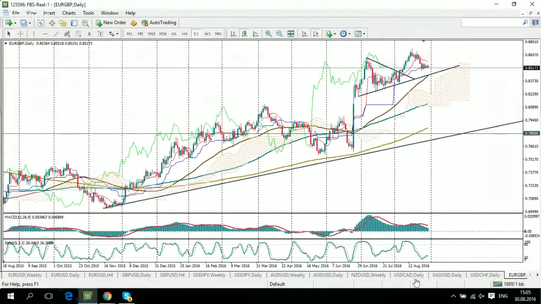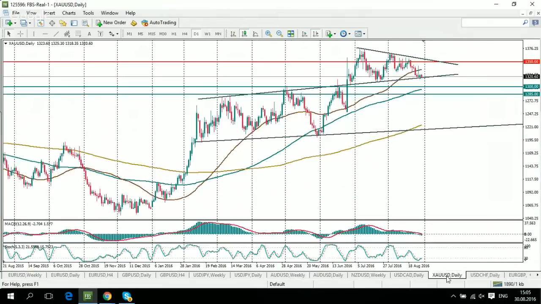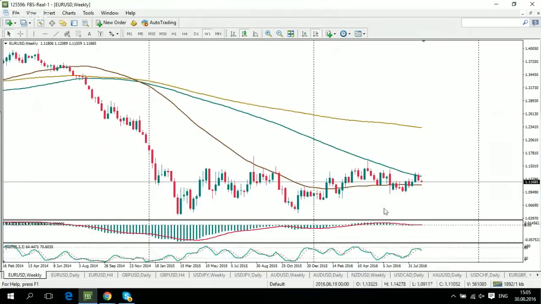For example, let's have a look at, well, euro dollar. We'll pick the euro dollar, look at the weekly chart, and see that here maybe not a very decisive signal from the candlestick point of view, during the last week, but still the pair was at the very important level of 100-week moving average.